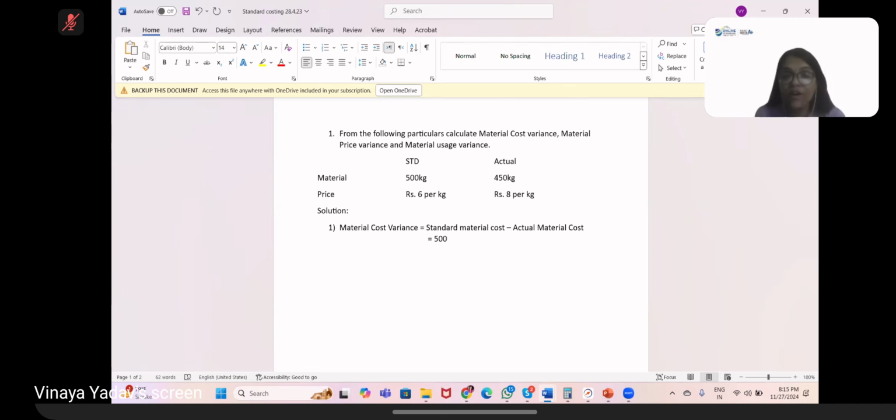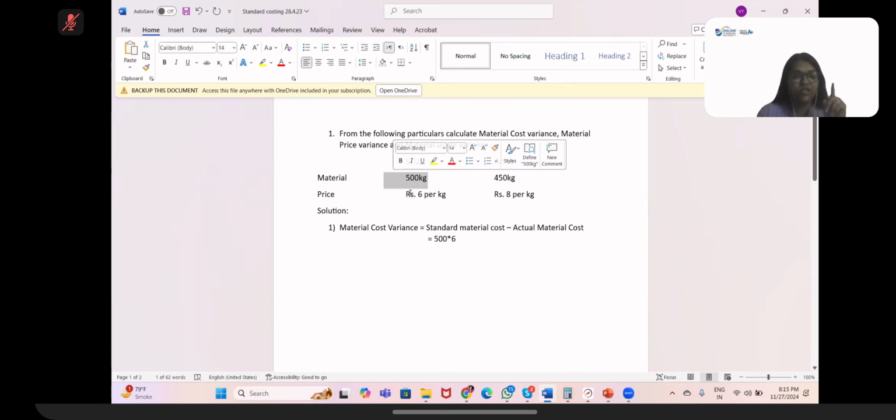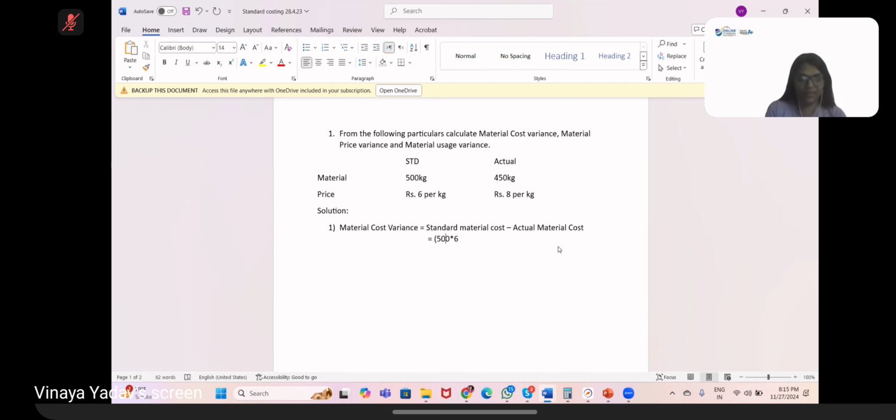And what is the rate of that material? 6 rupees. So it will be 500 into 6. 500 is what? It's kg. It means for 1 kg. So we need to calculate for overall. So it is 500 into 6.